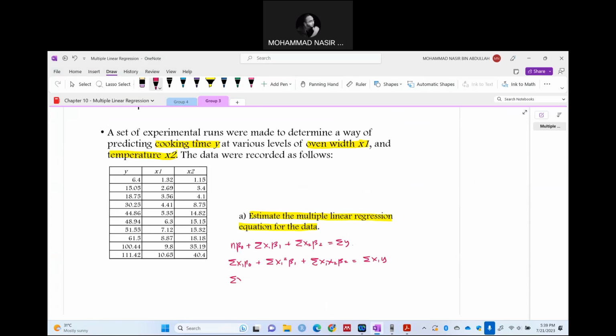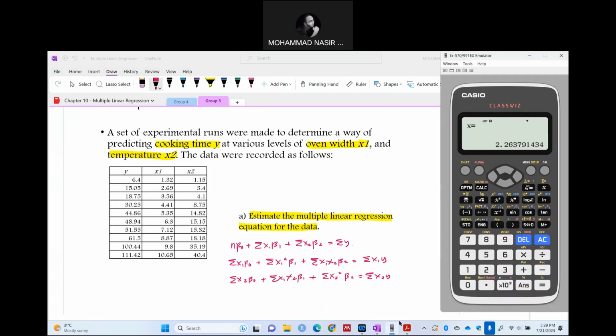And last is summation of x2 beta naught plus summation of x1 x2 beta 1 plus summation of x2 square beta 2 equal to summation of x2 y. So basically we need to have 9 measures.